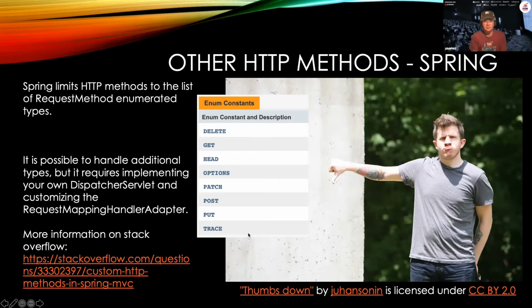So it is a pretty wide set, but if you want to go beyond that, let's say we wanted to have that prepend or append annotation and use that as our HTTP method, you just can't do it in Spring. There is a possible way to do it. I haven't investigated it myself, but I put a link here to the Stack Overflow question. It is possible, apparently, to implement your own dispatcher servlet and then customize the request mapping handler adapter for Spring in order to get other methods. Ultimately, it seems like a lot of work.